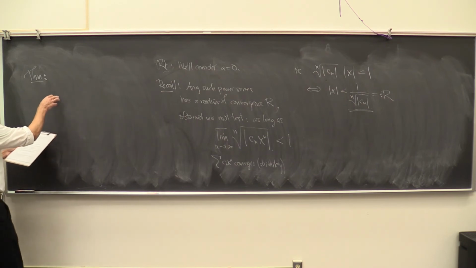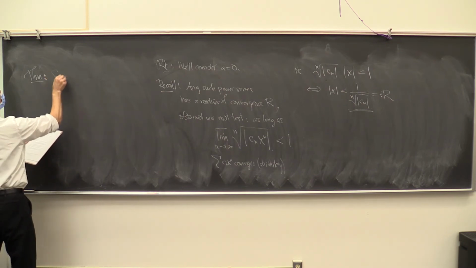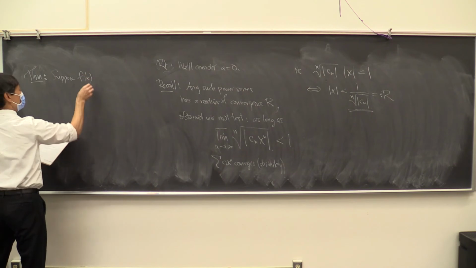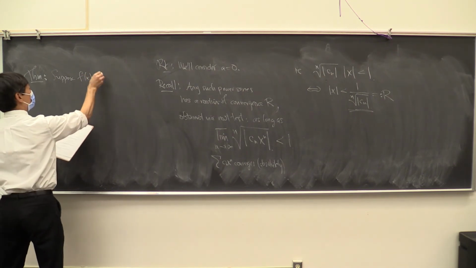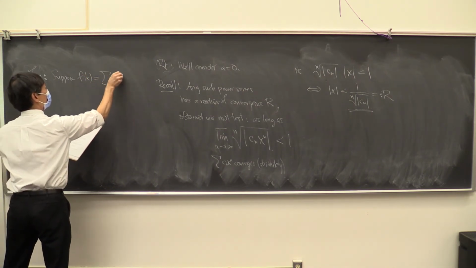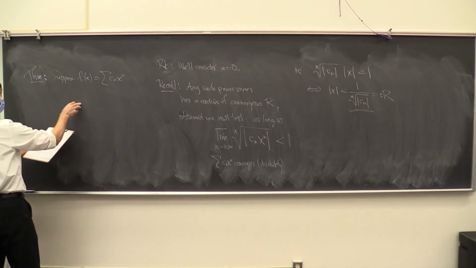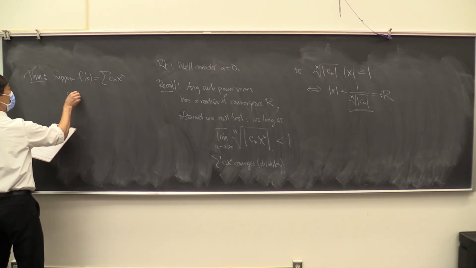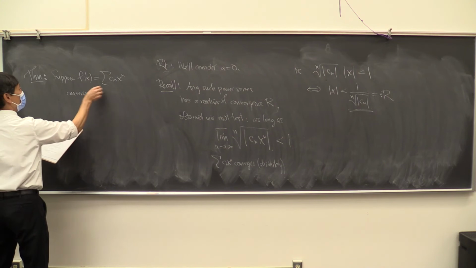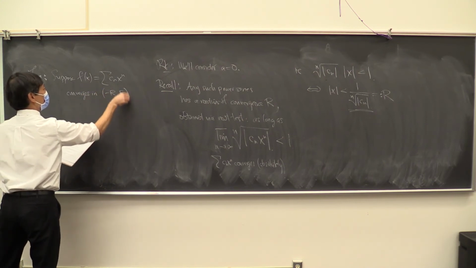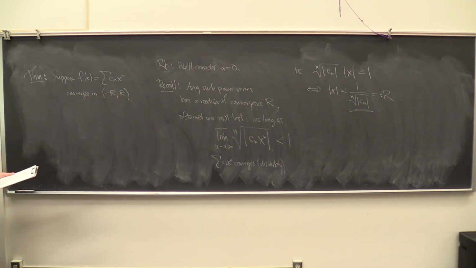Okay, so here's the theorem. Suppose your function has a power series expansion, and it converges in some interval (-R, R). That's its radius of convergence.